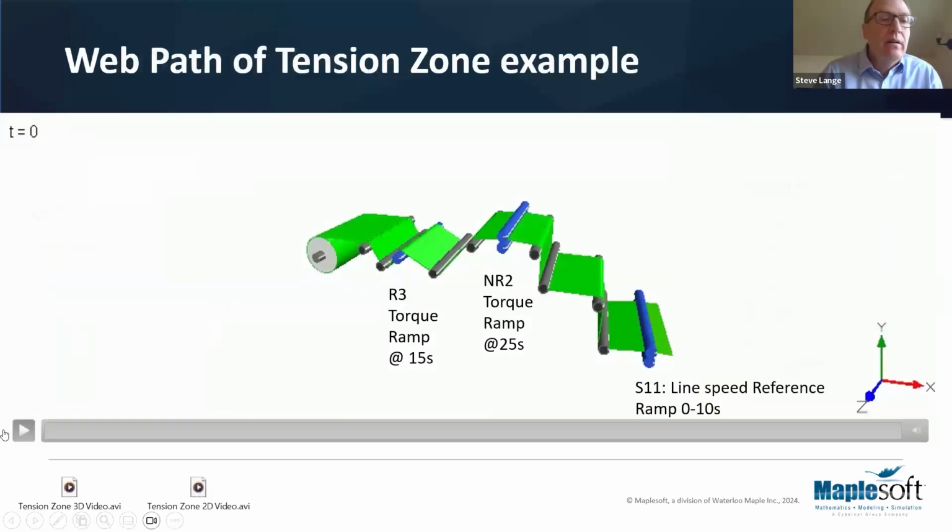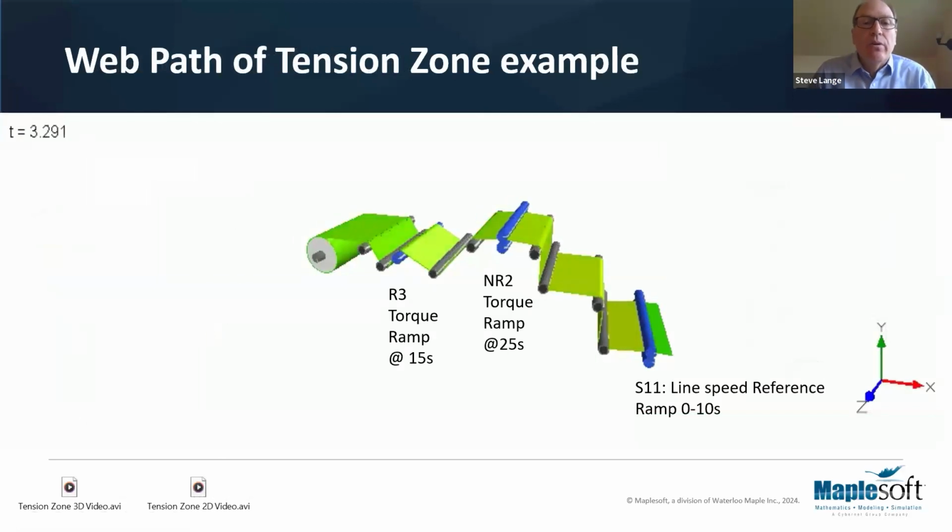So I'll run the animation and explain that first blue roller in the web path, R3, it's torque assisted, and it starts at 15 seconds into the simulation. The NR2, or nip roller 2, has a torque assist that happens starting at 25 seconds.